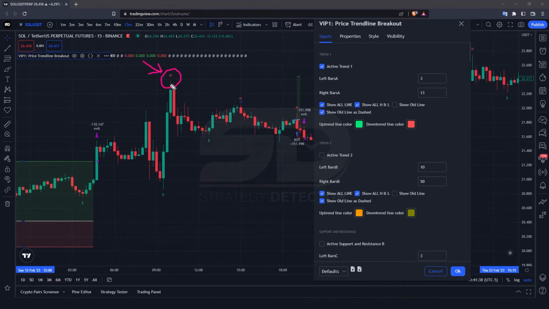This part must be higher than its 3 previous candles, and also higher than its next 13 candles. Then we can call this point a high point, and based on this high, we can draw our trend line like this. And when it breaks, we will enter a position.